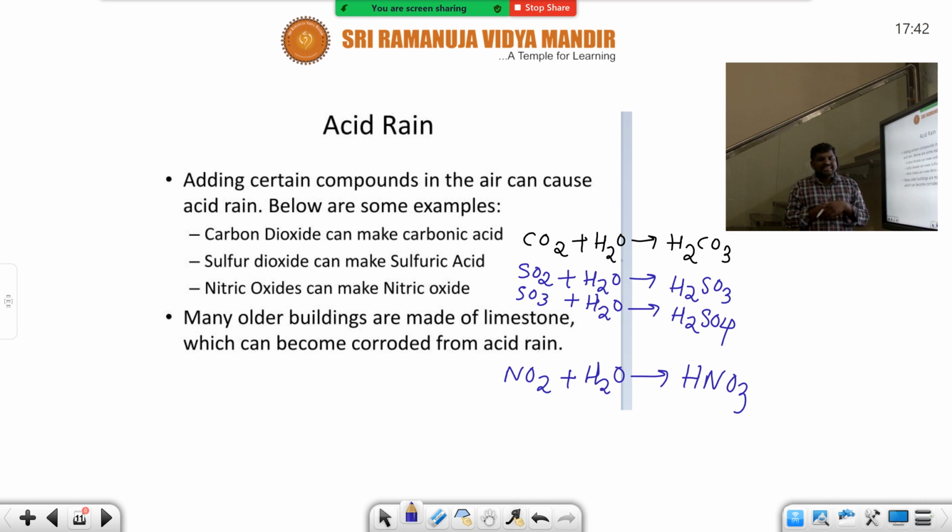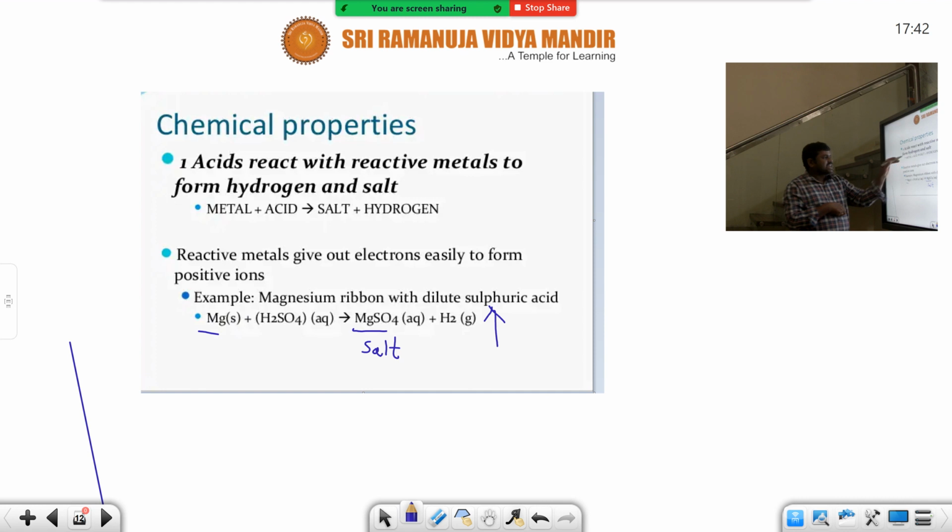These non-metal oxides dissolve in water to form the corresponding acids. These acids react with metals: magnesium with H2SO4, sulfuric acid, gives MgSO4, the salt, and hydrogen.